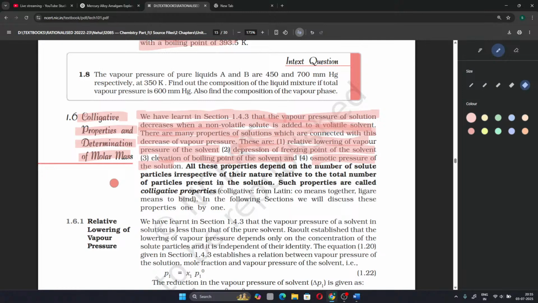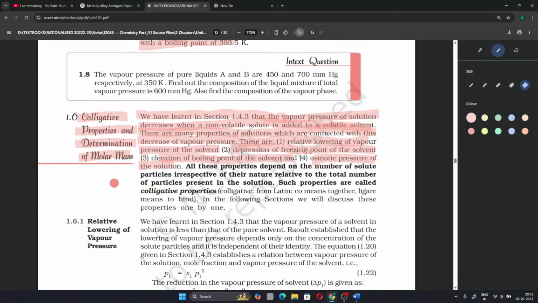We saw lowering of vapor pressure. It is lowered because we saw the details in the previous topic. As for depression of freezing point, ethylene glycol is added as an anti-freeze agent. It decreases the freezing point.